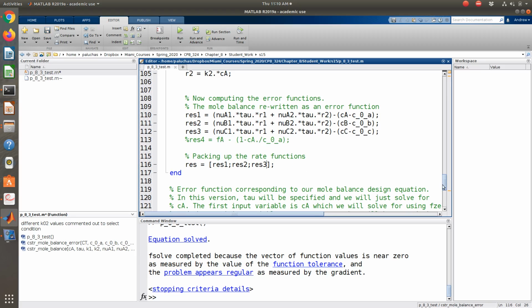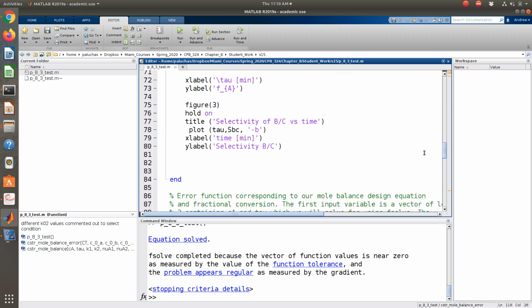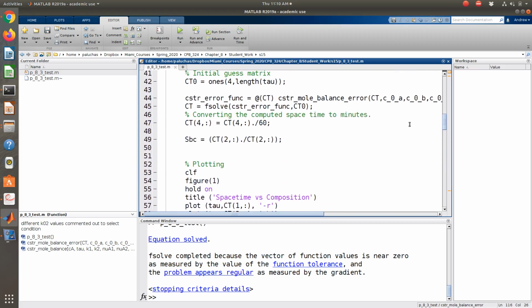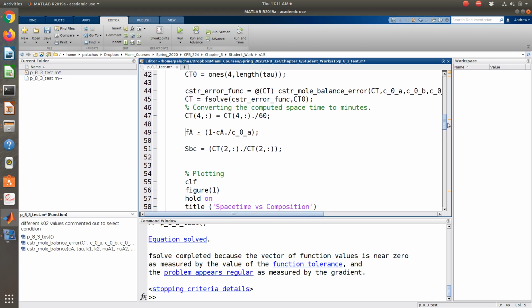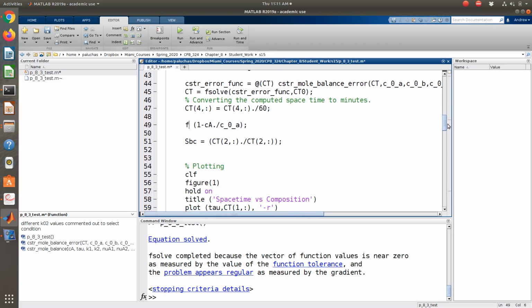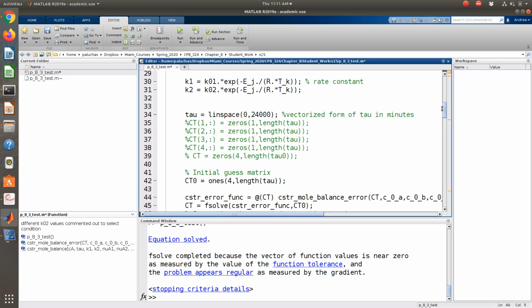So it worked the way you had it, but you don't necessarily need to. Why is this CT? Well, we'll come back to that in a second. So what I could do is, how would I do this now if I wanted to make this? So this was your 4th element.